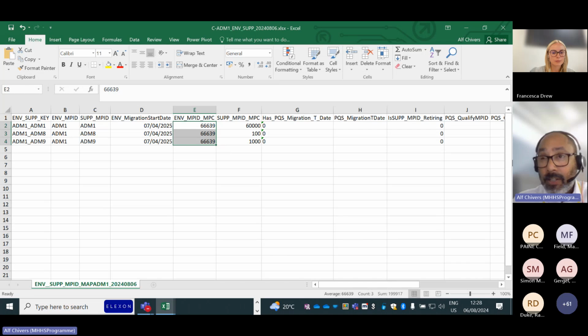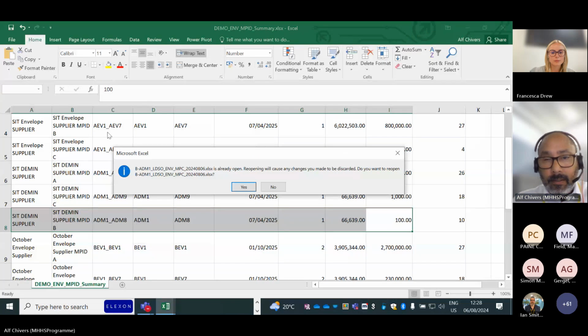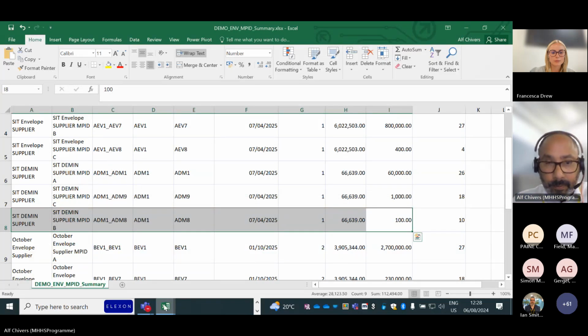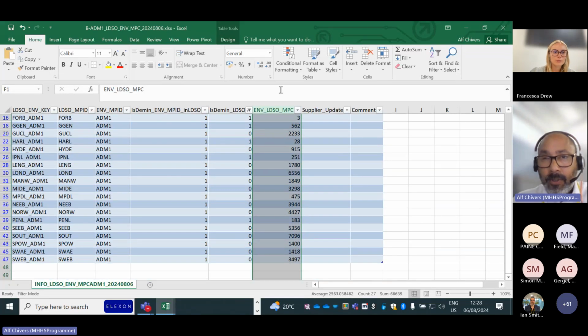And as I said, I can show that for the one we've provided on this one. So the total sum for this one, so that's the meter point counts. And if I was to put a total on that, just one moment.